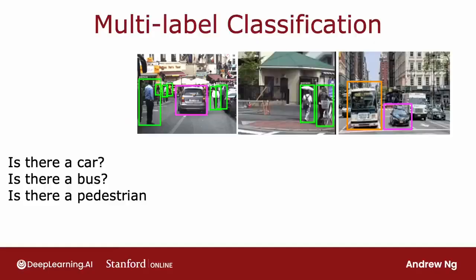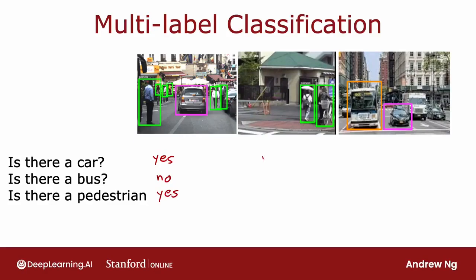If you're building a self-driving car or maybe a driver assistance system, then given a picture of what's in front of your car, you may want to ask a question like, is there a car, or at least one car? Or is there a bus? Or is there a pedestrian? Or are there any pedestrians? So in this case, there is a car, there is no bus, and there is at least one pedestrian.